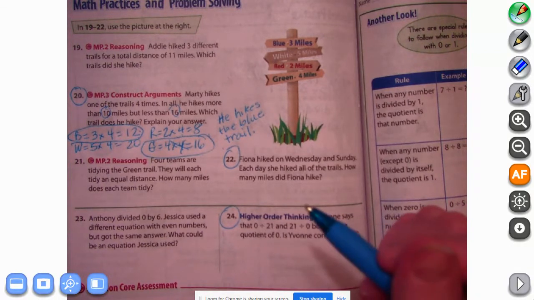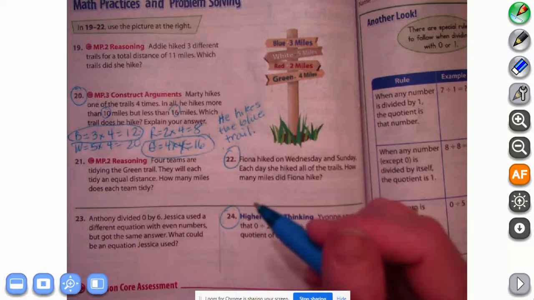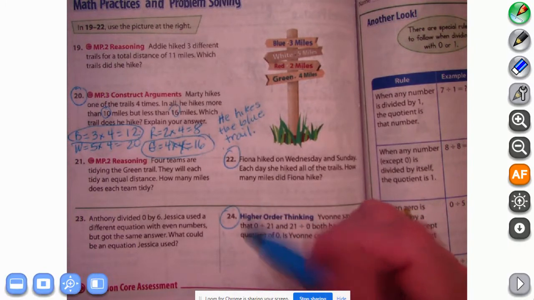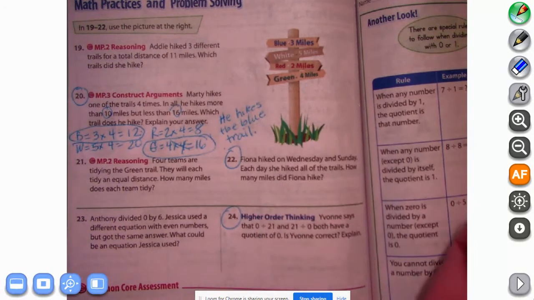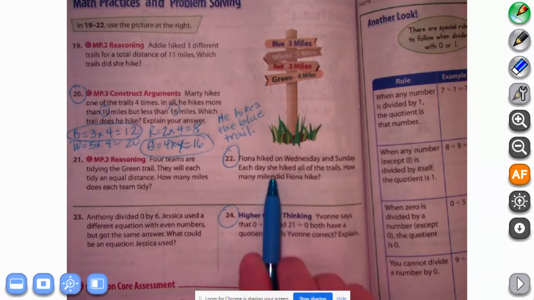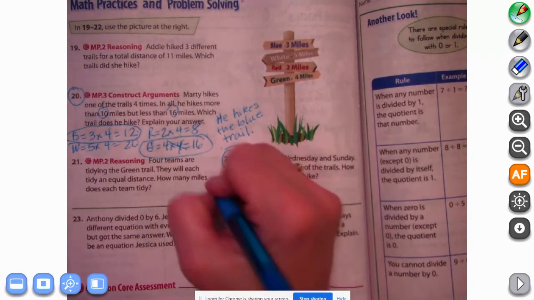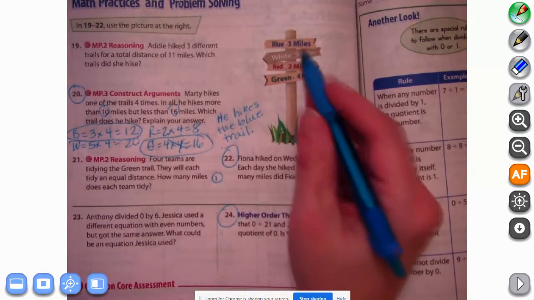Number 22, Fiona hiked on Wednesday and Sunday. Each day she hiked all of the trails. How many miles did Fiona hike? Okay. It says she hiked on Wednesday and Sunday, so 2 different days. Each day she hiked all of the trails. So the first step, step 1, we have to add up our miles.